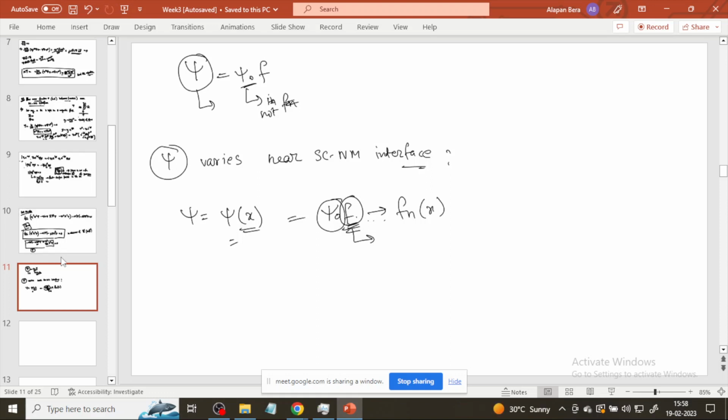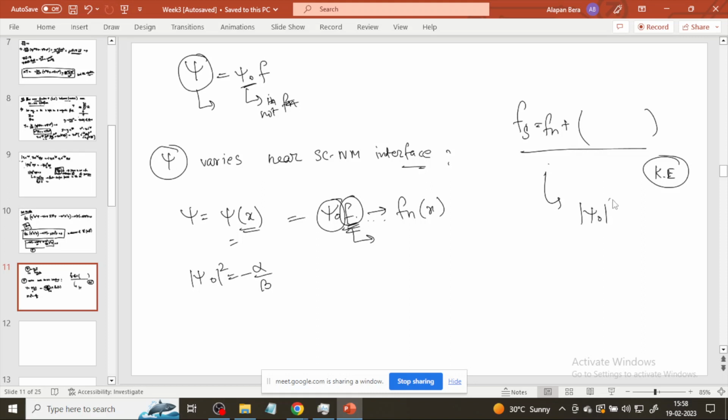Now from this Ginzburg-Landau equation, we also know that this psi naught square is given by alpha by beta. If we minimize the free energy density that we started with, without considering the kinetic energy term, you can show that for the equilibrium position, psi naught square must be alpha by beta, when we are below Tc, when T is less than Tc.